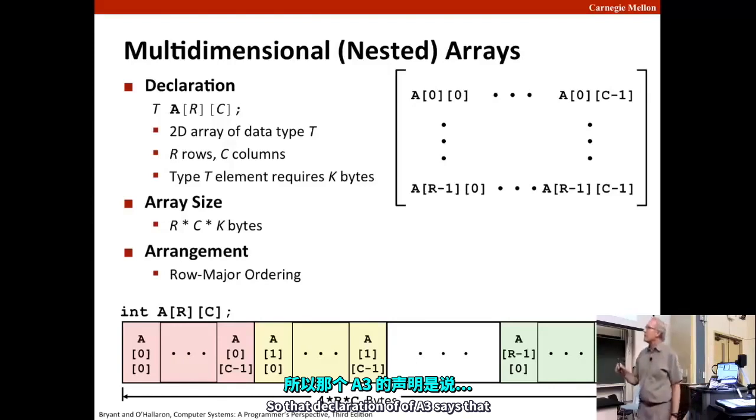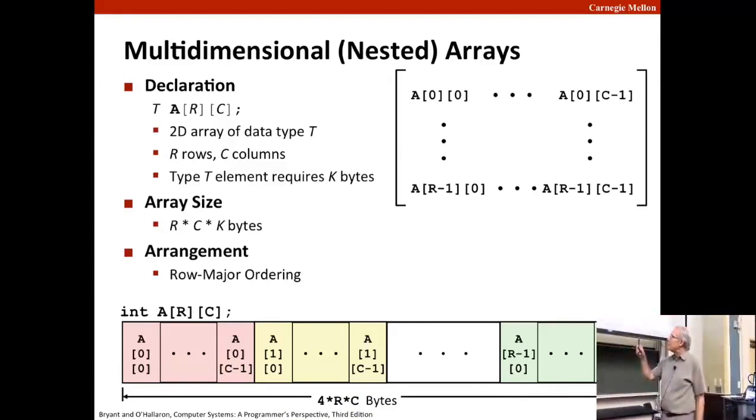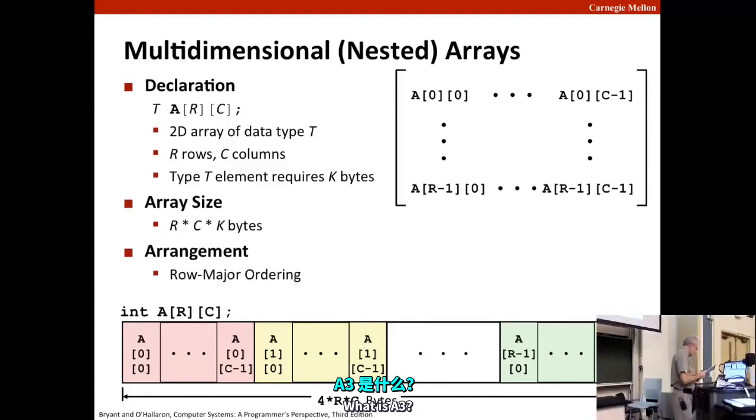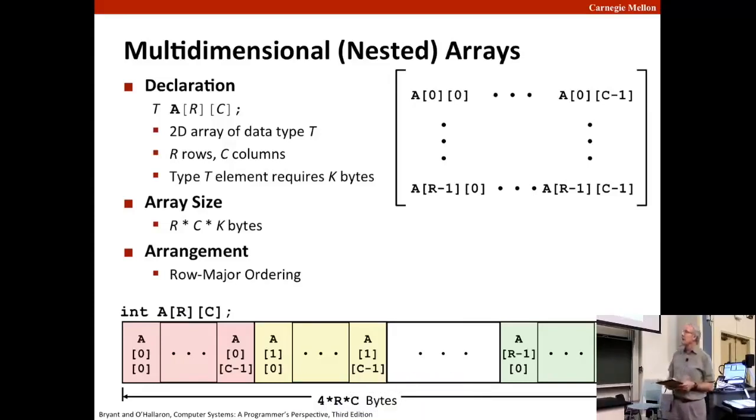So that declaration of A3, with those parentheses, what is A3? A3 is a pointer. It has parentheses around it. What does it point to? It points to an array of 3 ints.